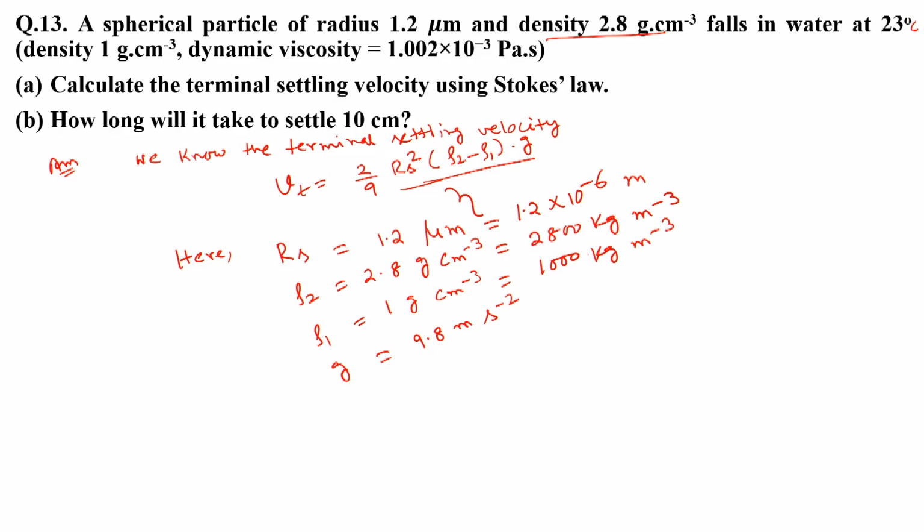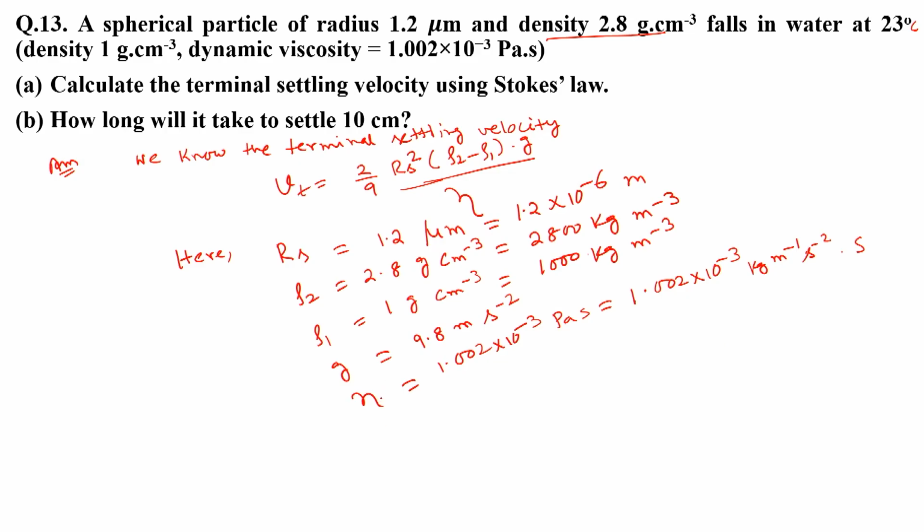And what else is given? Eta, viscosity, is 1.002 times 10 to the minus 3 Pascal second. Converting into SI unit, 1.002 times 10 to the minus 3 kg meter to the minus 1 second to the minus 1.